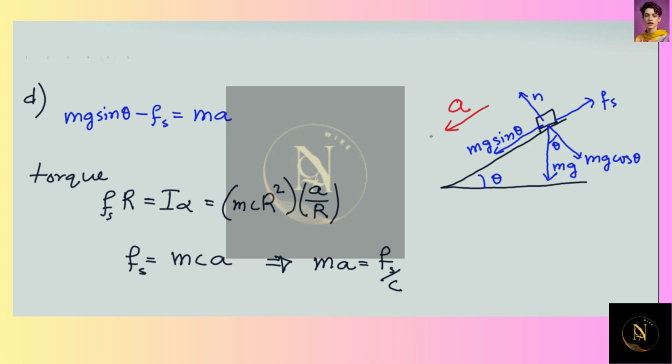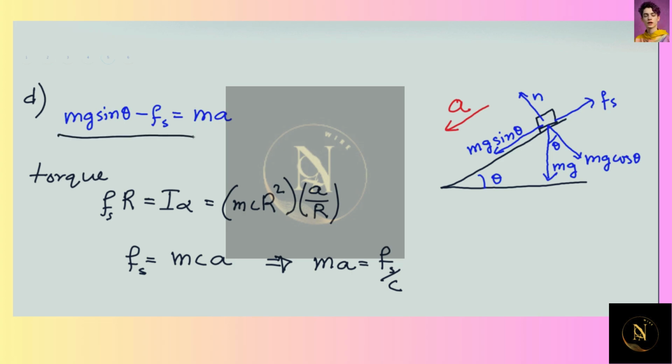If the resultant direction is downward, that means this force is greater than the frictional force, and that's why we subtract the frictional force from this force, which gives us m times a, or the resultant force.